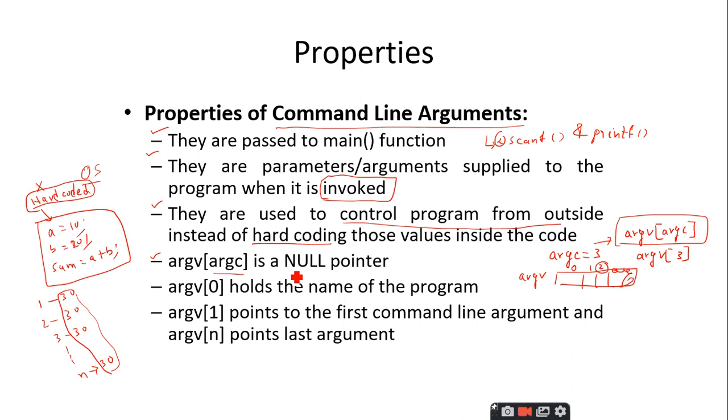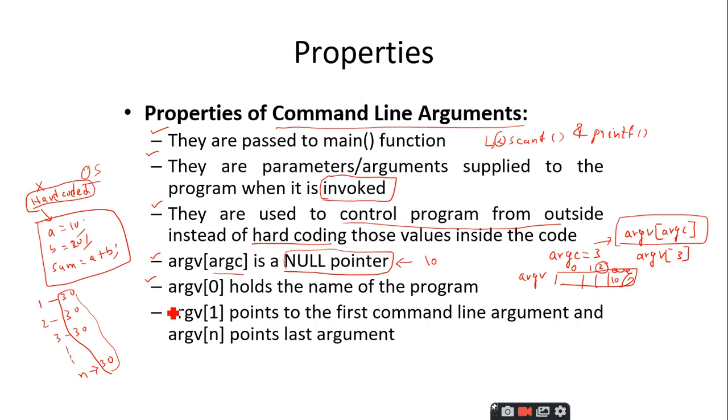So, you may get a null pointer, or you may get some undefined value. Why am I saying this? You will get a null pointer because, when you are dealing with strings, the last value is automatically inserted as \0, which is called the null pointer. Therefore, here we will get it as \0.